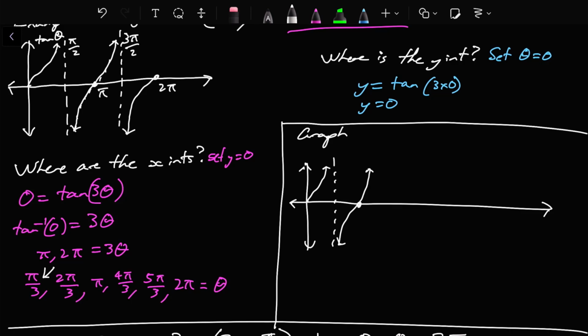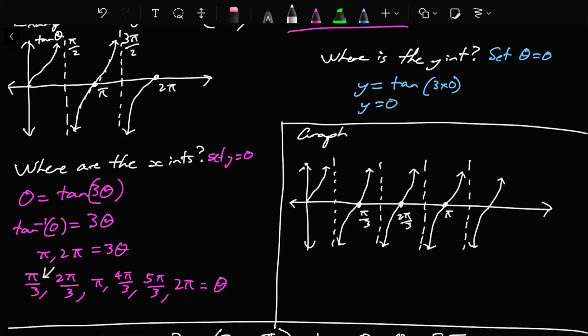So that should be pi on 3. I might run out of room here, but you'll get the idea. 2 pi on 3. Pi. 4 pi on 3.